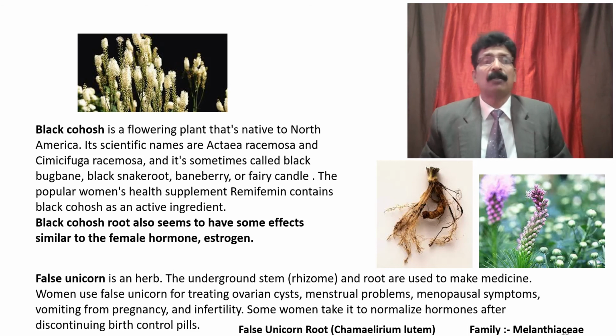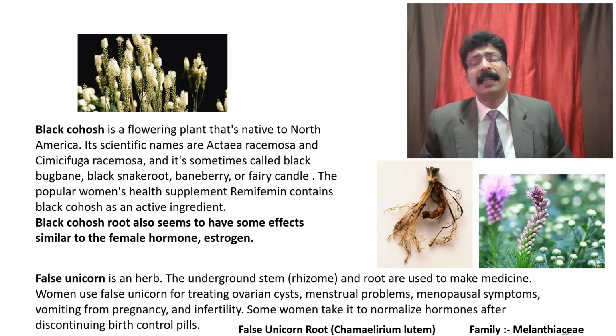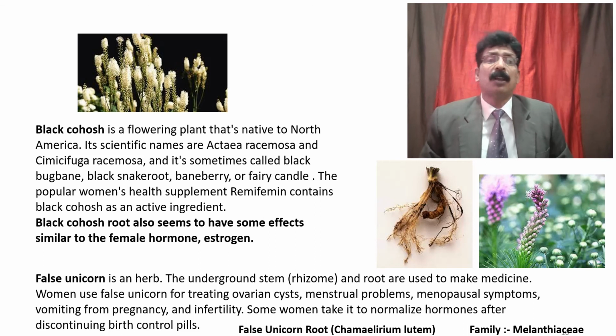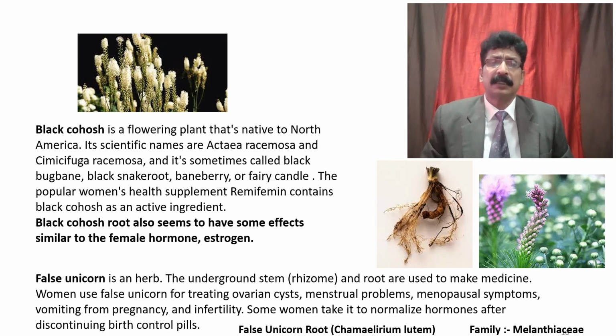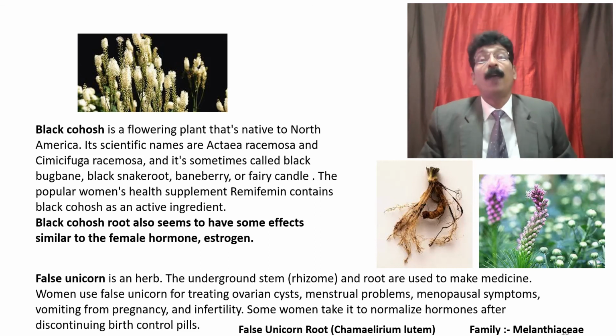Black Cohosh is a flowering plant that is native to North America. Its scientific name is Actaea racemosa, or Cimicifuga racemosa, and it's sometimes called black bugbane, black snakeroot, baneberry, or fairy candle.